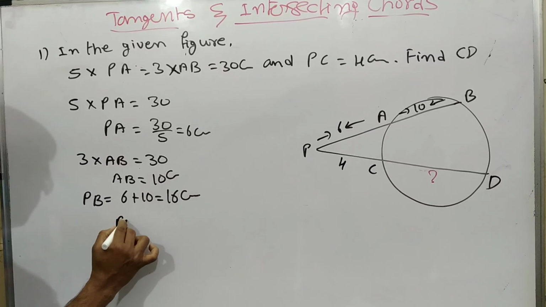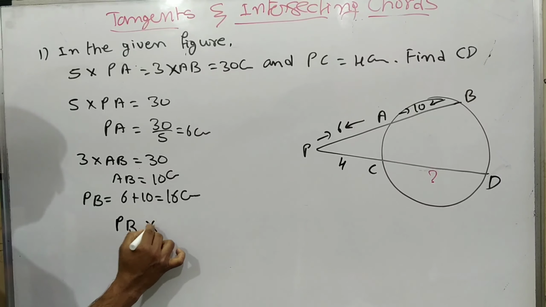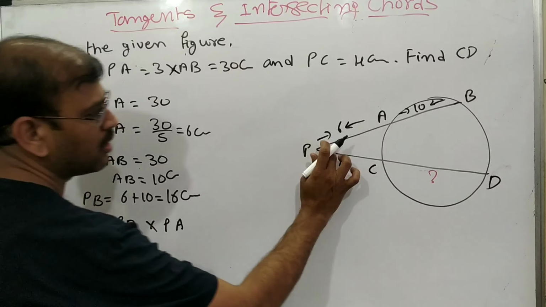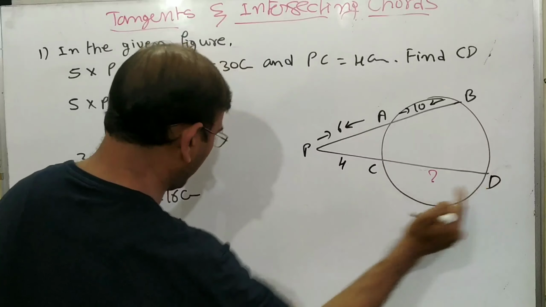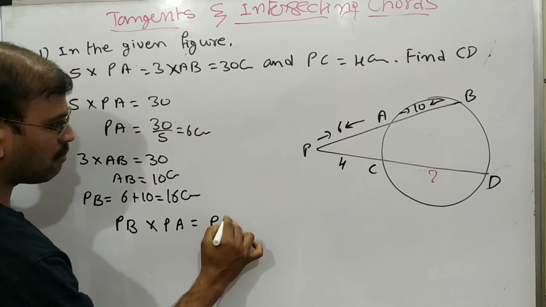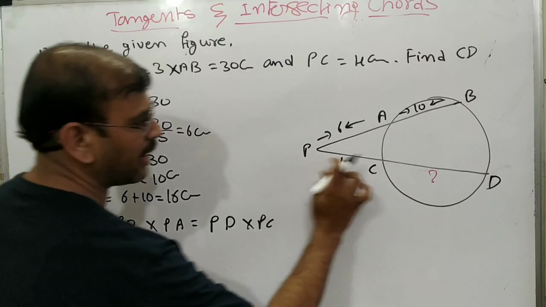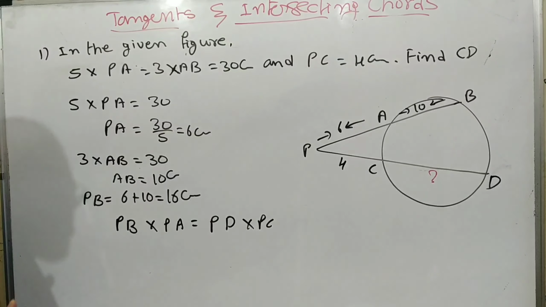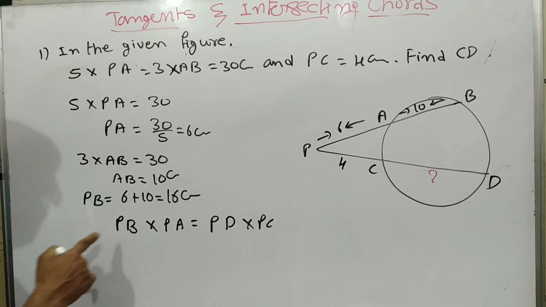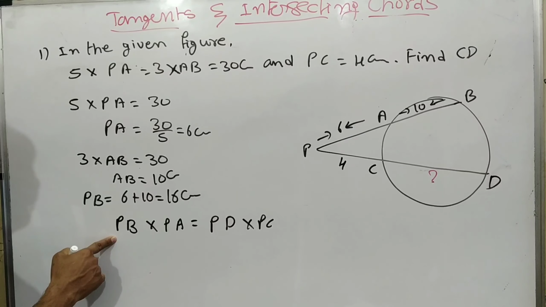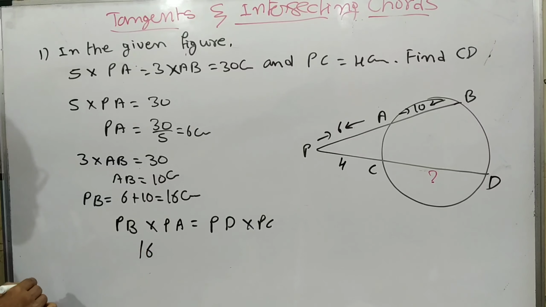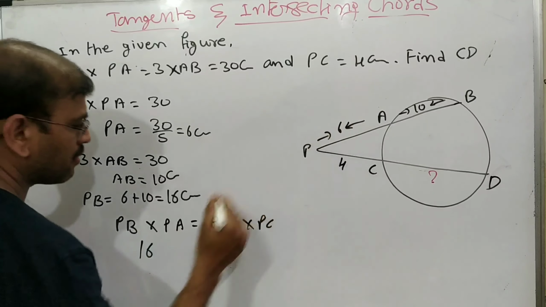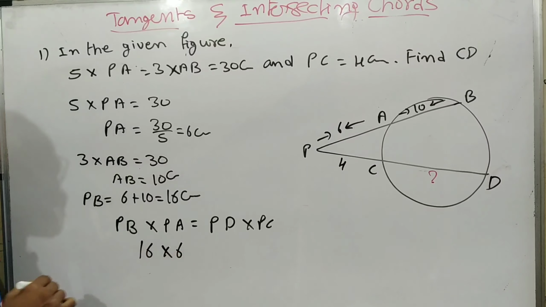The entire length is PB multiplied by the exterior part PA. Similarly, PD multiplied by PC, entire length times exterior part. Now I am going to substitute the values. PB is 16, and PA is 6.